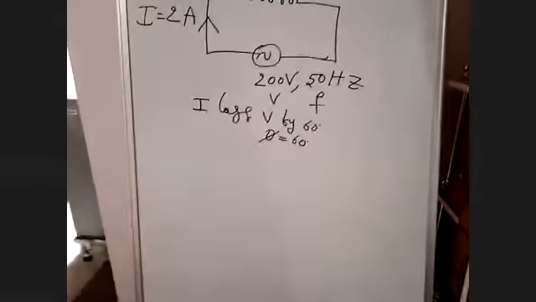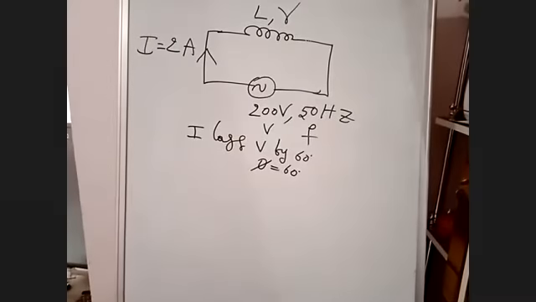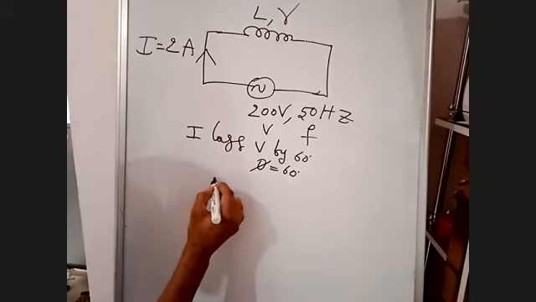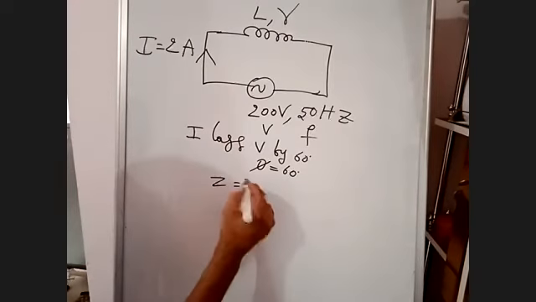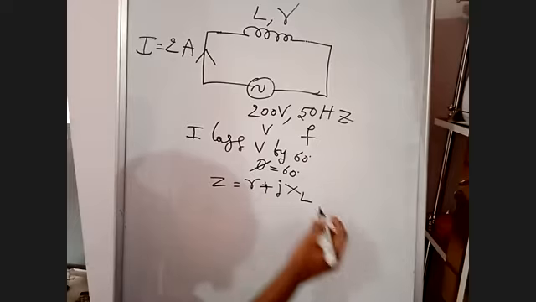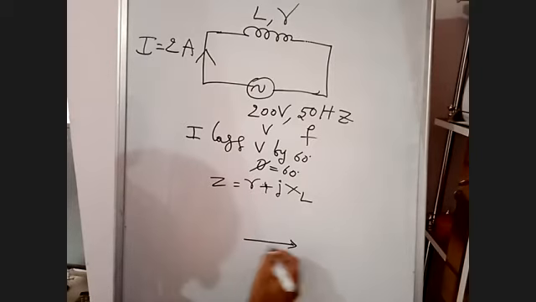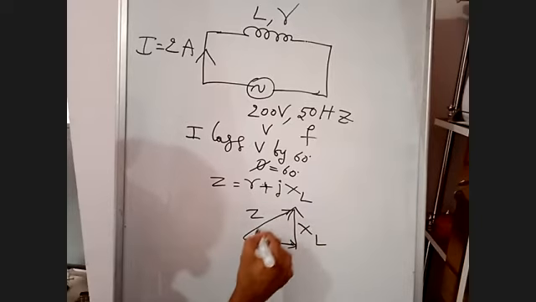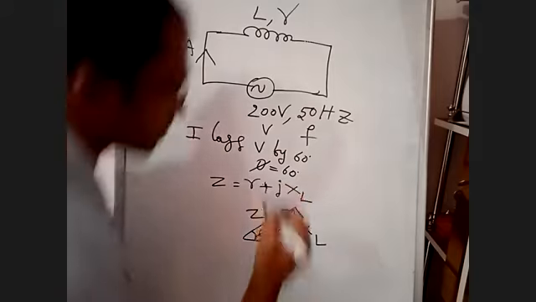Now I have to calculate the resistance and inductance. Before that, first I will write Z is equal to R plus jXL. R is taken on the x-axis, then XL, and Z, with phi equal to 60.